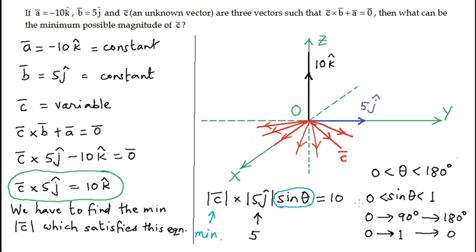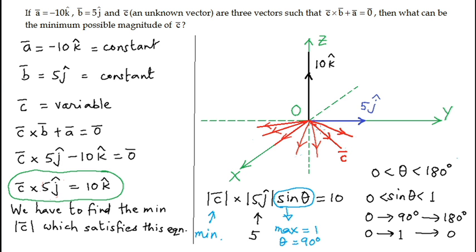Clearly, from this particular equation, the minimum value of mod c bar will be attained when the value of sine theta is maximized, and we know that the maximum value of sine theta is equal to 1. This will of course occur when theta is equal to 90 degrees.